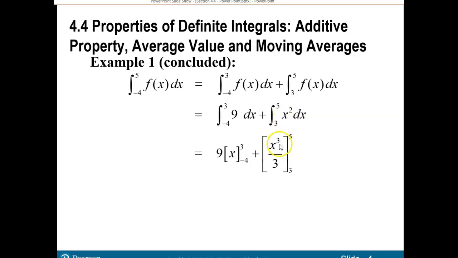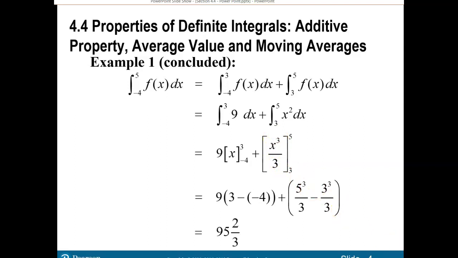My antiderivative here is x cubed over 3 from 3 to 5. For the 9x, we plug in 3, minus, then we plug in -4. So plug in the top, minus plug in the bottom. Plus, do the same here: plug in the top, 5 to the 3rd over 3, minus, then plug in the bottom, 3 to the 3rd over 3. Clean it up, you get 95 2/3.